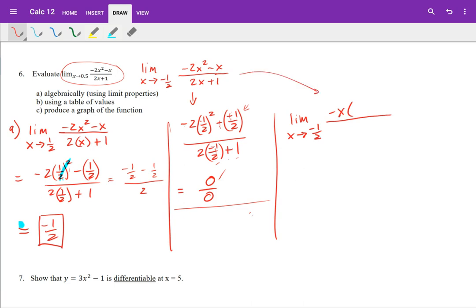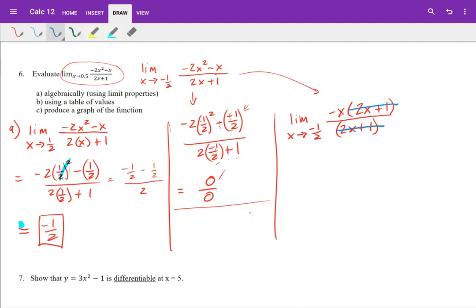So I'm basically taking this and factoring it. If you pull out a negative, then it leaves a 2x plus 1, right? And we've got a 2x plus 1 in the bottom as well. And look at that. These guys cancel.